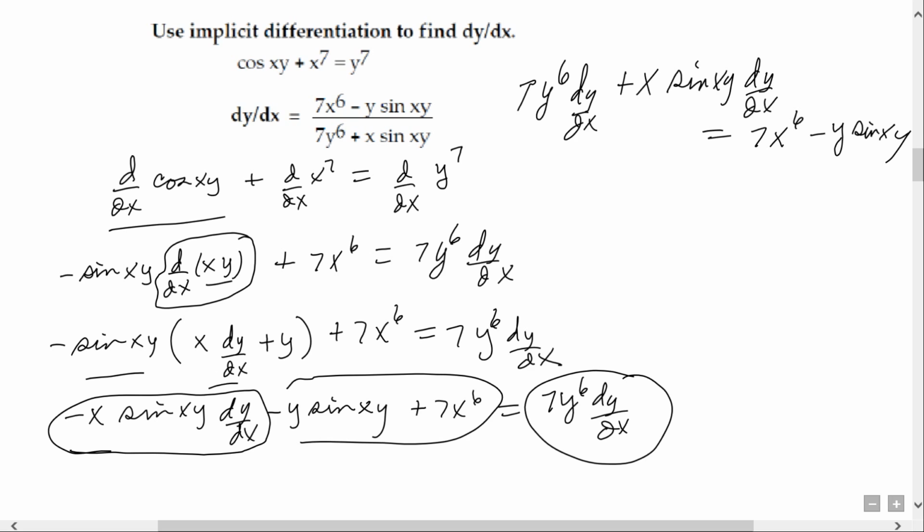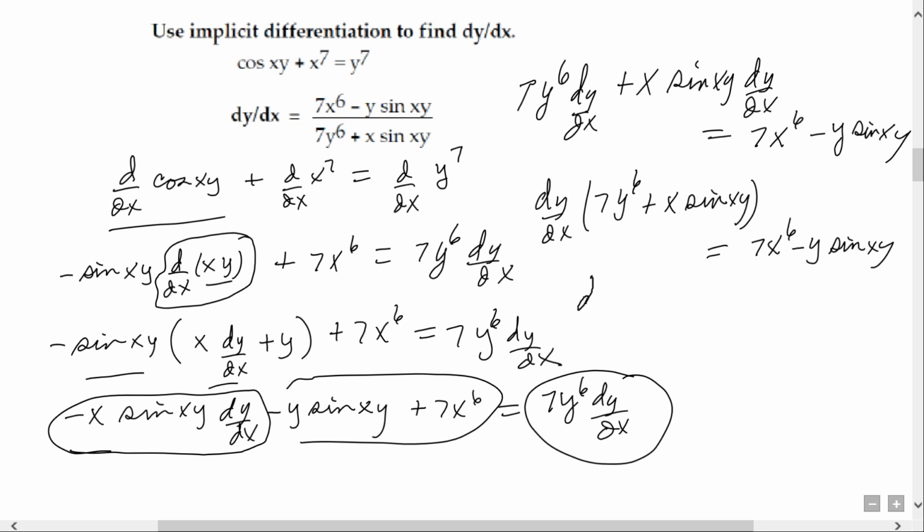Now factoring dy dx out, times 7y to the 6 plus x sine of xy equals 7x to the 6 minus y sine of xy.